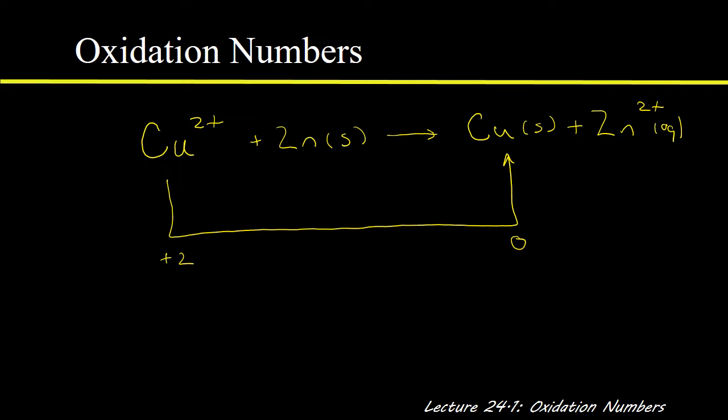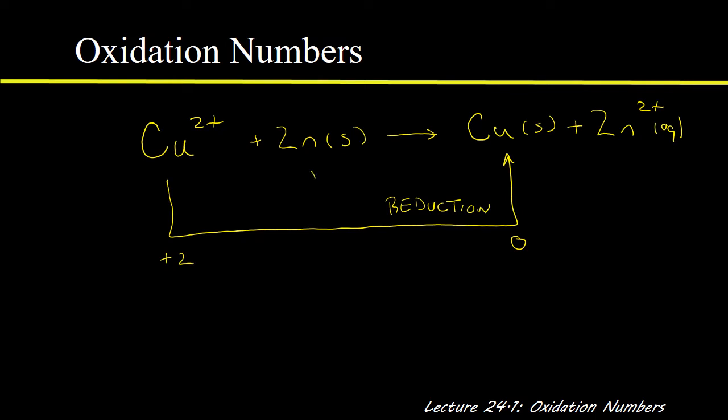And this process, remember there was a brief section on electron transfer processes or redox processes in the first semester, so we know that when an element gains electrons and its charge decreases, that's called a reduction.